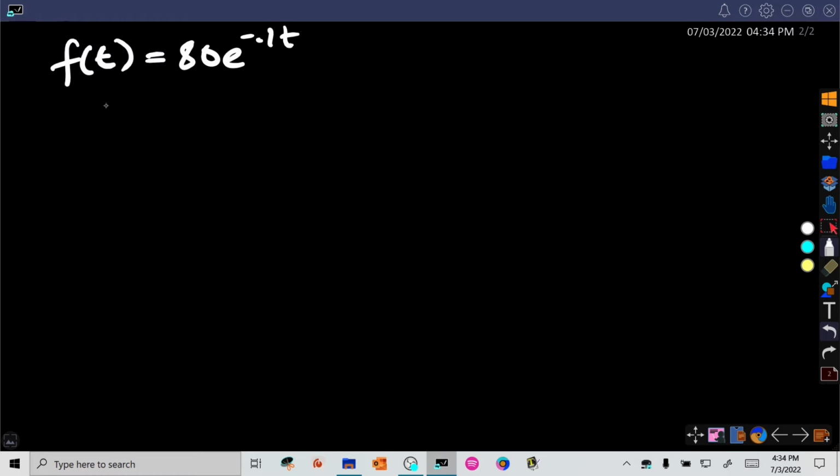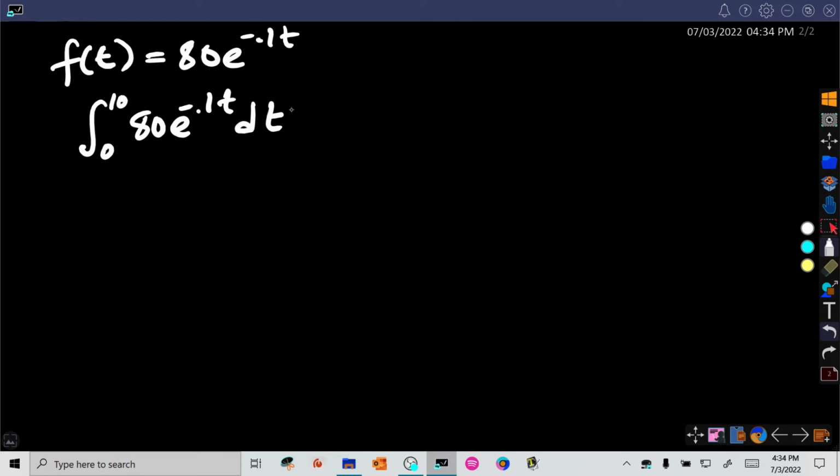Okay, so now we do the integral. So again, there's no present value, no future value indicated. We're looking for the income from the stream over the next 10 years. So 0 to 10 of 80 e to the minus 0.1 t dt.